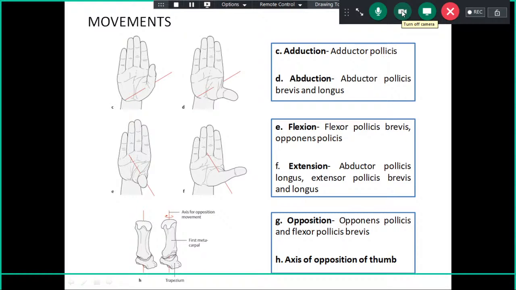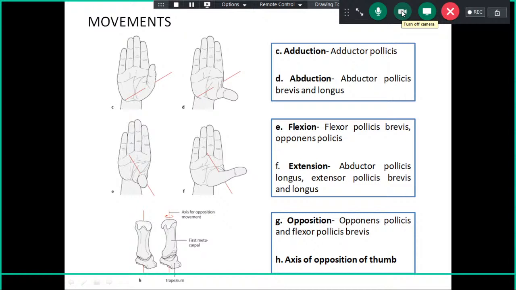Alright. Now, the very important movement that the thumb is designed for is opposition. Opposition is when the thumb comes closer, when you try to touch the pulp of the thumb with the pulp of the little finger. This is opposition.